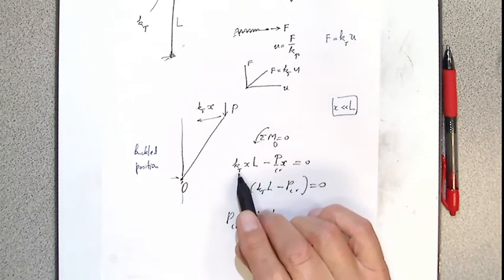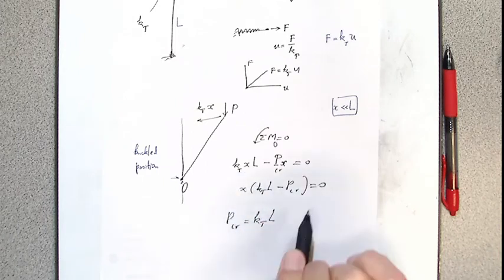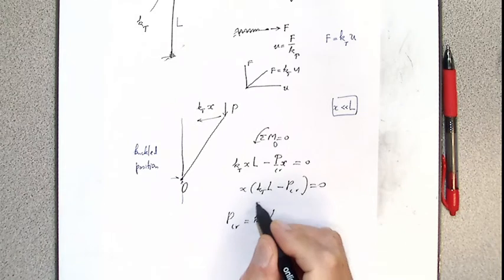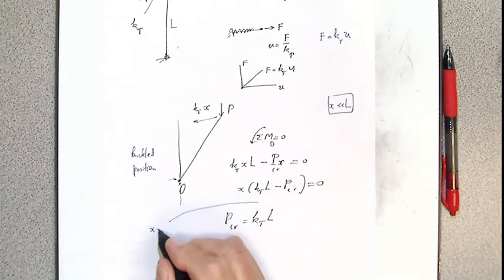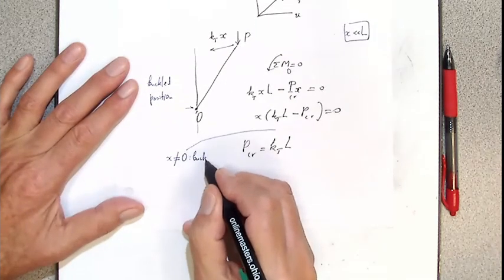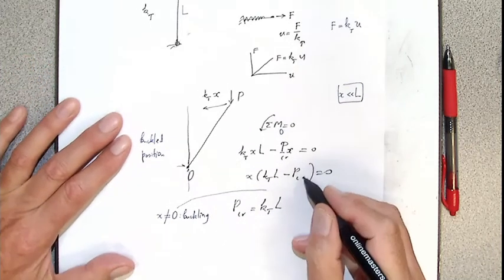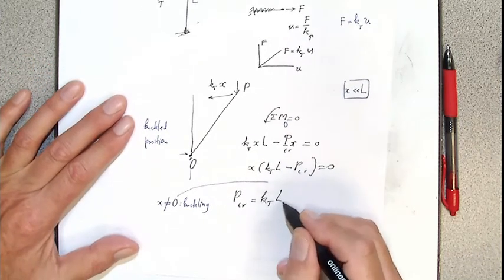So what is left is K translational L minus P critical equals 0. X is not 0 because we have buckling. So P critical equals K translational L.